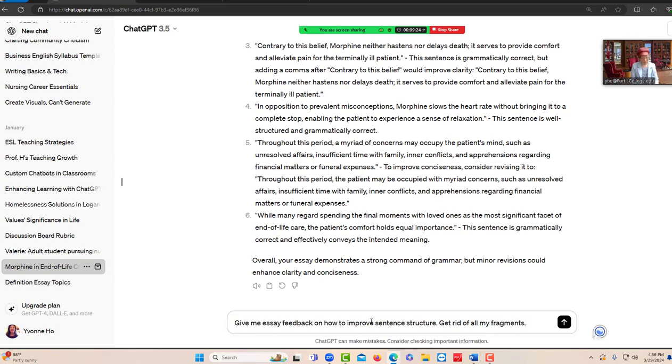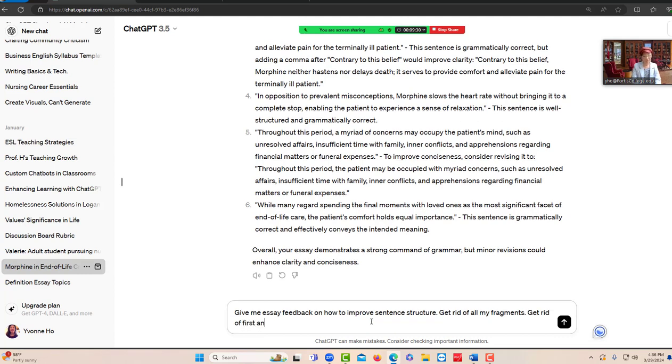Okay, then you cut and paste. Oh, and also, now that I'm thinking about it, get rid of first and second person case, and make sure my essay is in third person case.